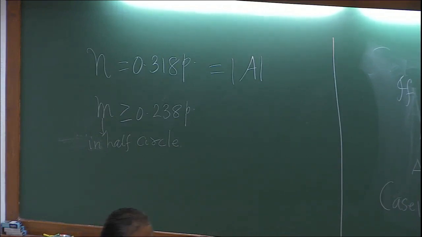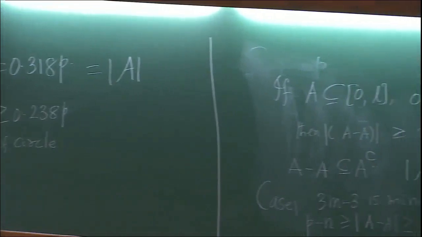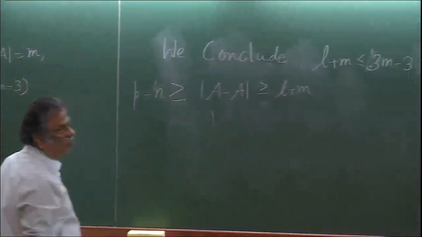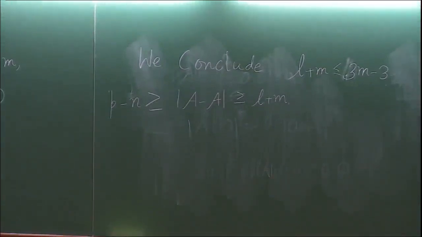Is it okay? Now on the other hand, this gives you less than or equal to P minus N. Again, as usual, P minus N, and that gives you L less than or equal to P minus N minus M. There may be some constant slope.